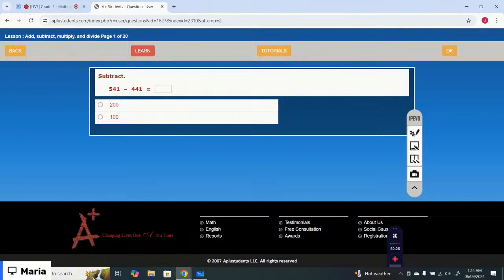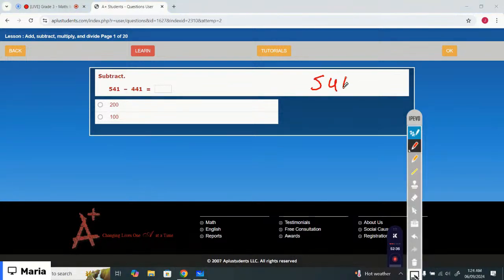Okay, so the first one is you have to subtract 541, take away 441. First thing is you need to write them down one above the other. So let's write 541, take away 441.